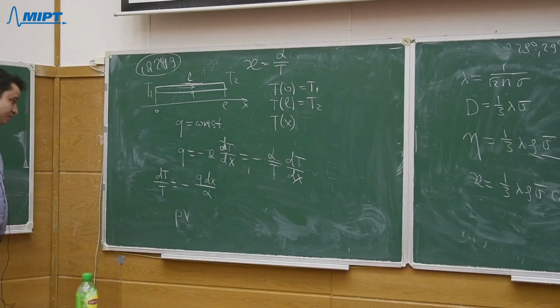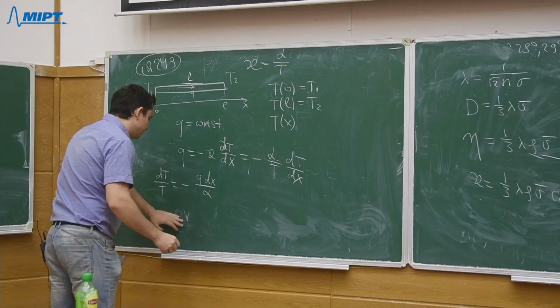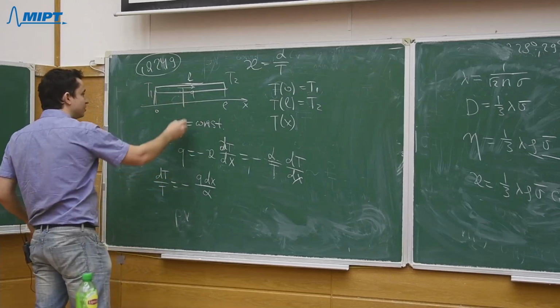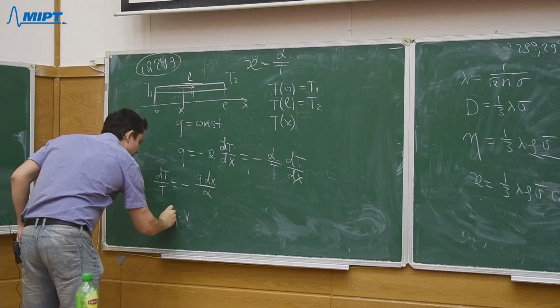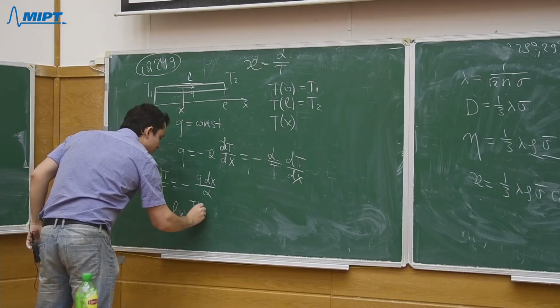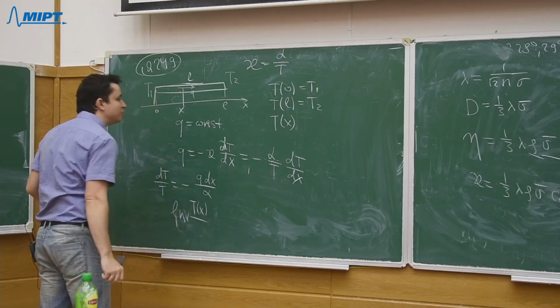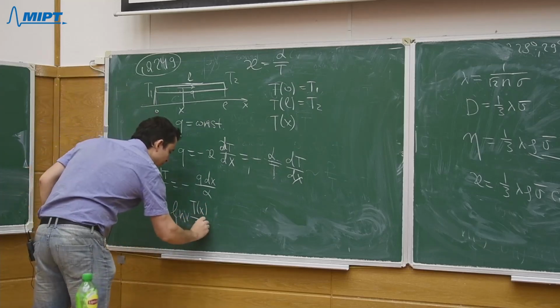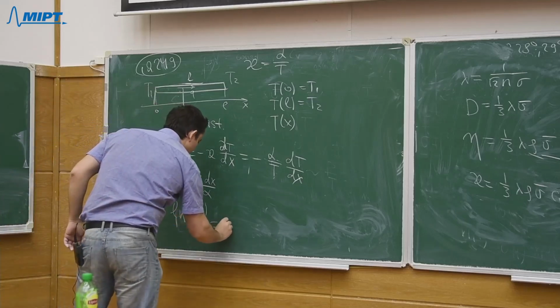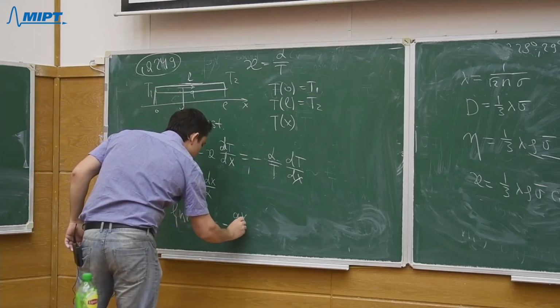After I integrate it, I can integrate it from 0 to some point x. So I get that the natural log of T of x over T of 0, which is actually T1, equals minus Qx over alpha.